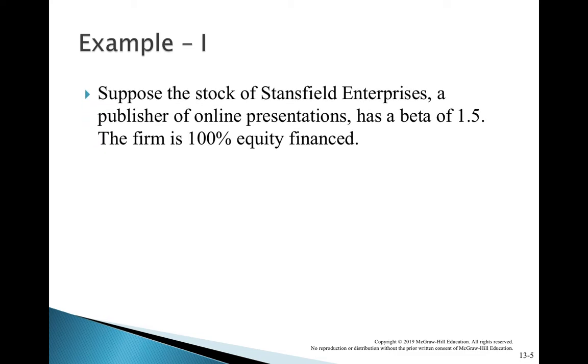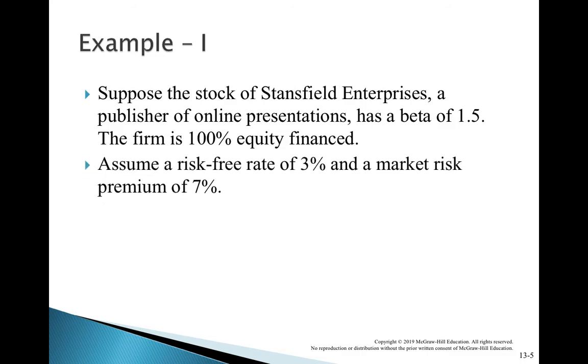Here is one example given for calculating the cost of equity for Stanfield Enterprises. The beta is 1.5 and the company is 100% equity financed. 3% is the risk-free rate of return and market risk premium is 7%. That means market return is 10%. 10% minus 3%, the risk premium is 7%.